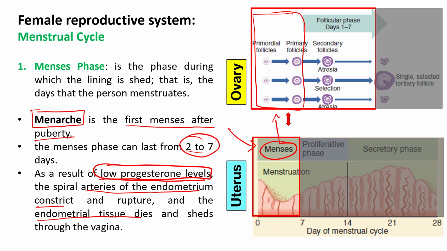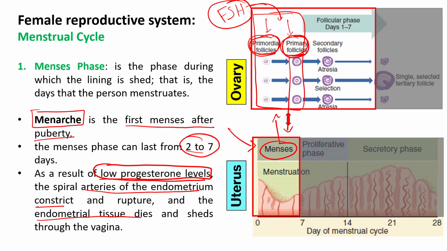But these primordial follicles and primary follicles are so immature at this point that they do not produce hormones. So at this point, FSH, which is follicle stimulating hormone, released by the pituitary gland, stimulates the growth and maturation of these primary follicles. At this point, this is happening at the same time.